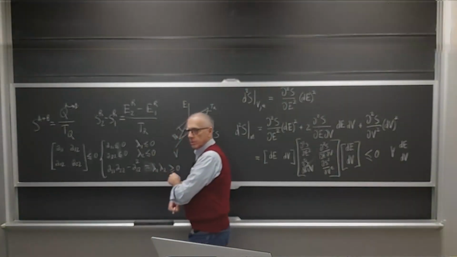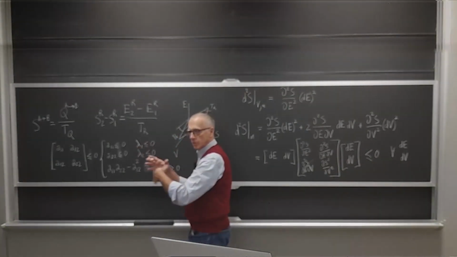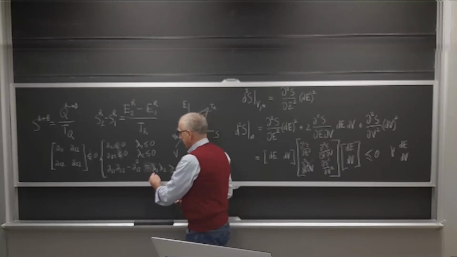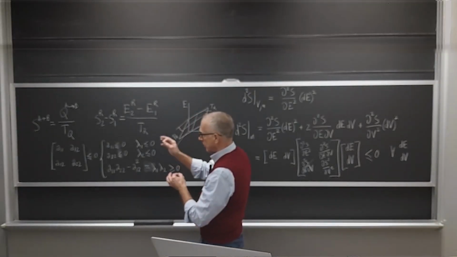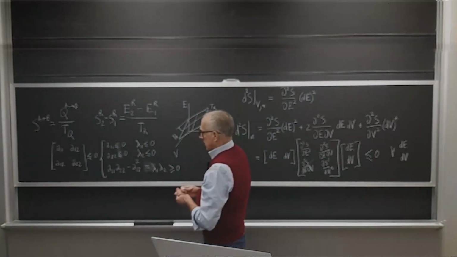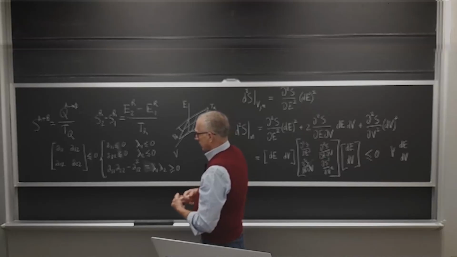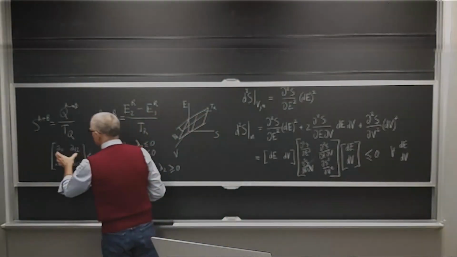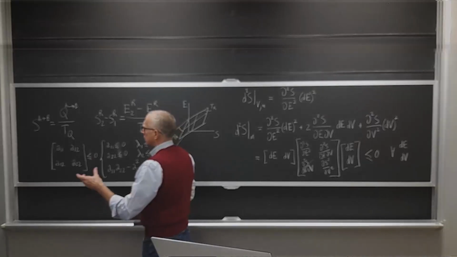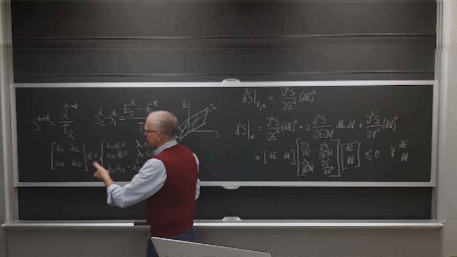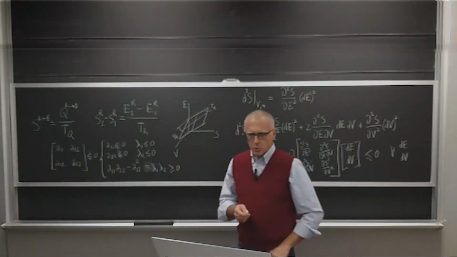In that case, with an odd number of entries, negative times negatives makes negative. All right. So the determinant of a negative semi-definite matrix is positive for an even number of rows and columns, and negative for an odd number. Okay.